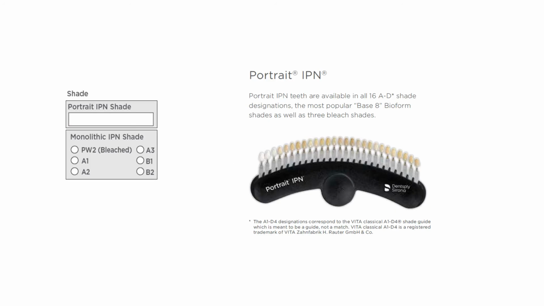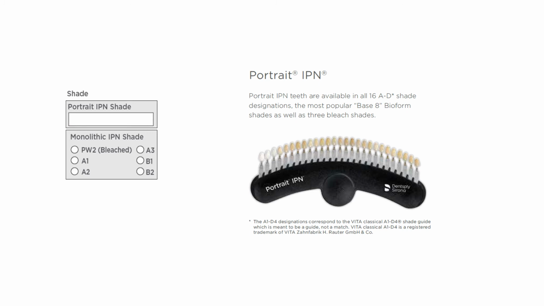Indicate the patient's shade. IPN portrait teeth are available in all 16 A through D shades. The monolithic IPN shades are limited to the following illustrated 6: PW2, A1, A2, A3, B1, and B2.